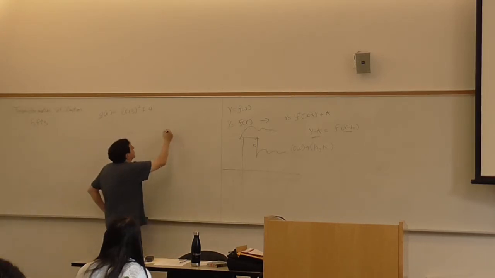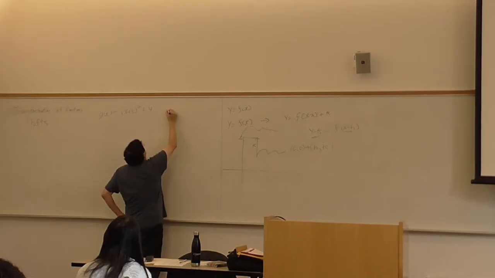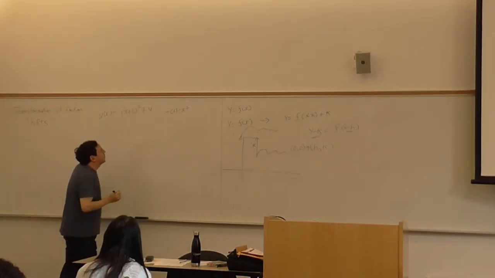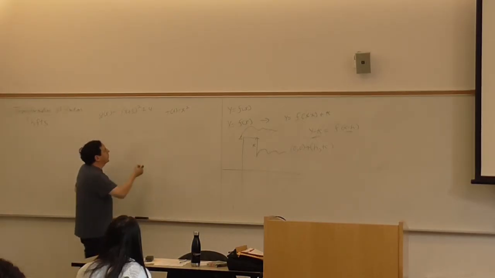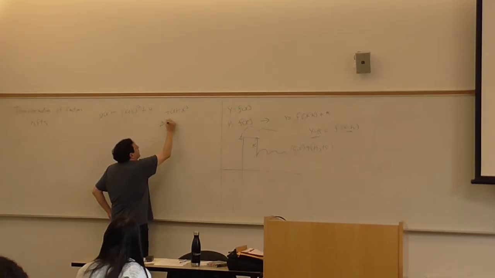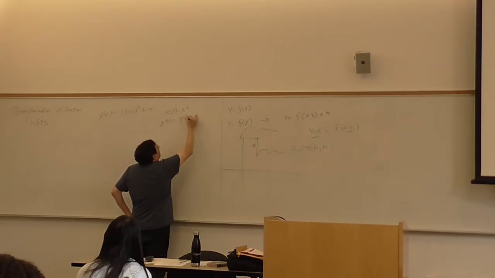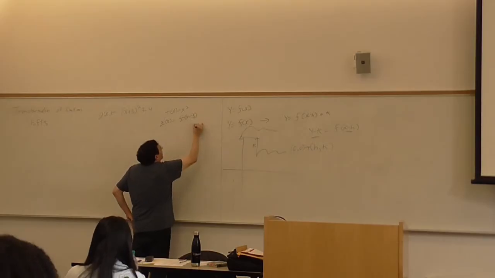So let's just call this f for now: f of x equals x squared. But I'm going to make my g of x f of what? x minus a minus 3.